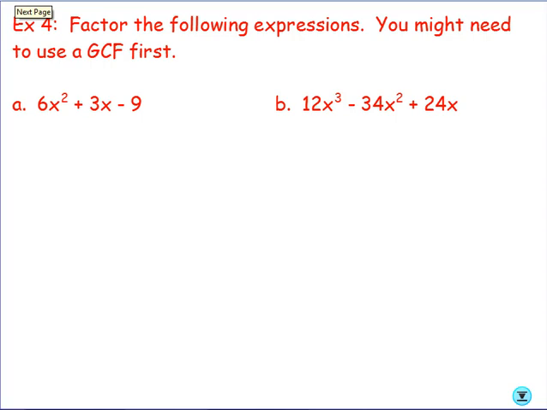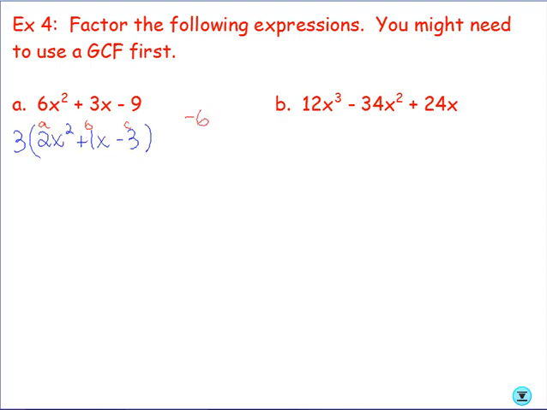So let's see how you did. First of all, the greatest common factor was 3. You should have divided and gotten 2x squared plus 1x minus 3. A, B, and C. Multiply A and C, and we get negative 6.